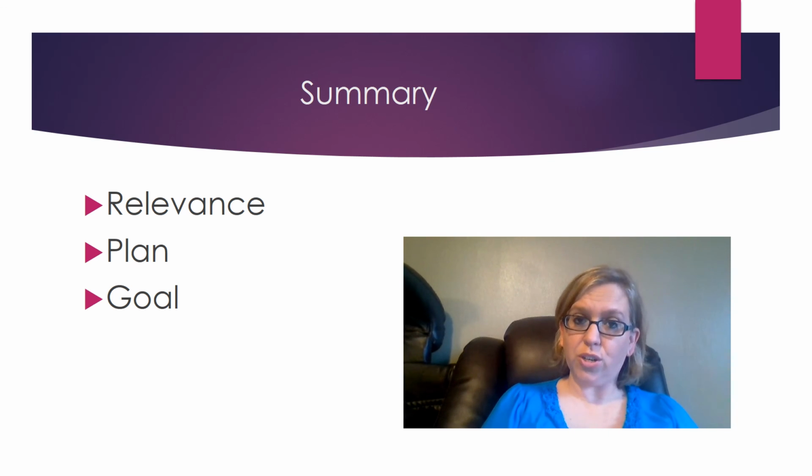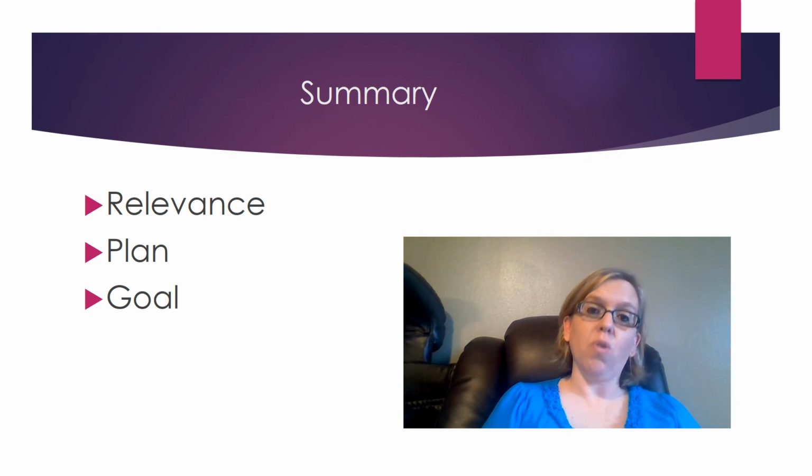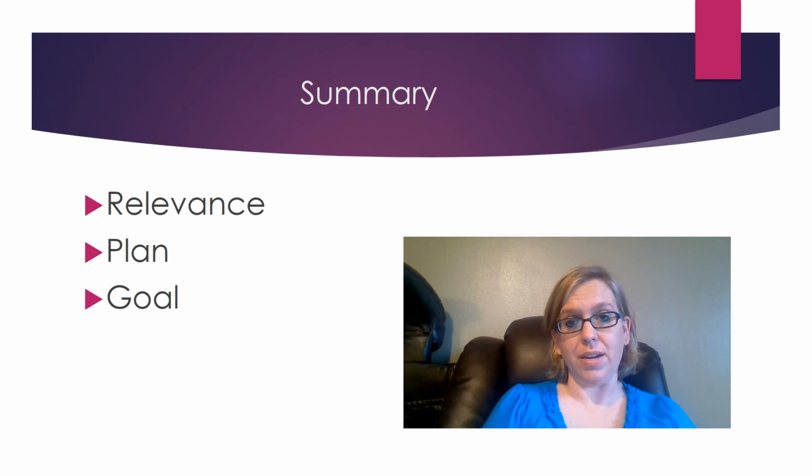Therefore, further research and improved screening methods need to be accomplished. The plan is to basically administer an Epworth screen to any patient who has a BMI greater than 40. Our ultimate goal is to increase the diagnosis of sleep apnea, get patients treated for sleep apnea, and decrease the comorbid problems that go along with sleep apnea.